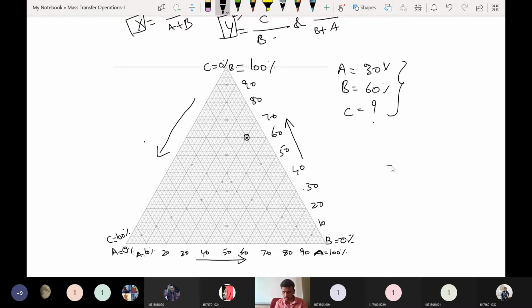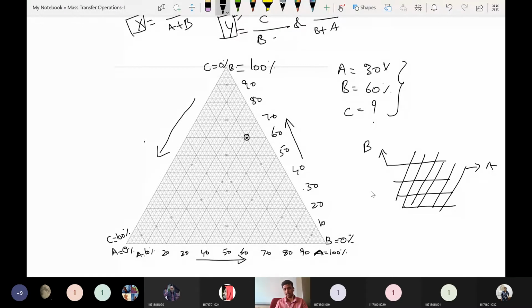If you see the triangle, these horizontal lines we are using for B. Then this type of lines in this direction we are using for A, and these horizontal lines we are using for B, and the only left out points are this one. So this point we have to use for C. Then we can directly locate our C is this one.